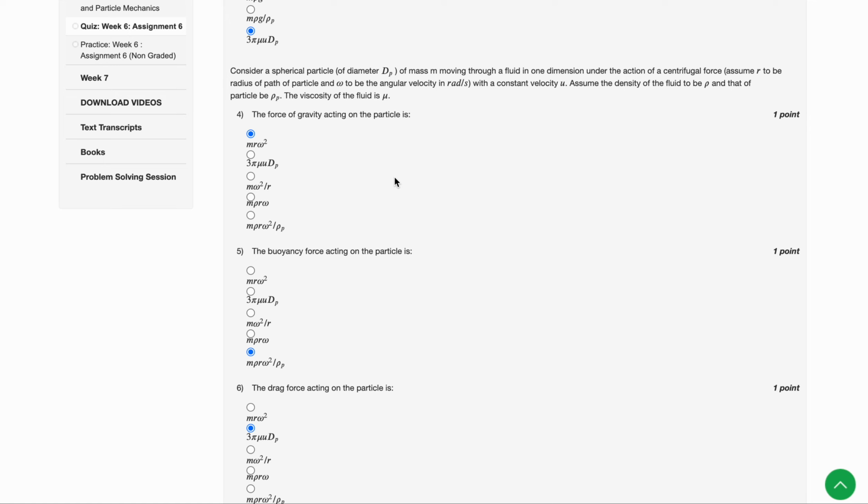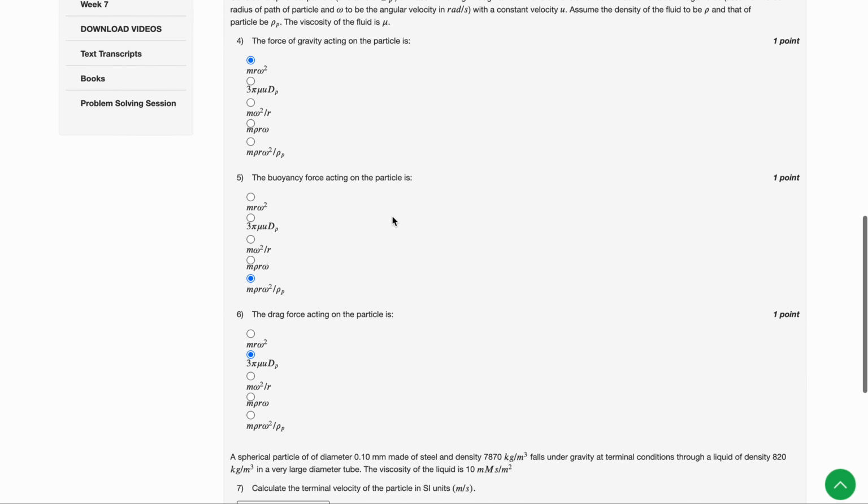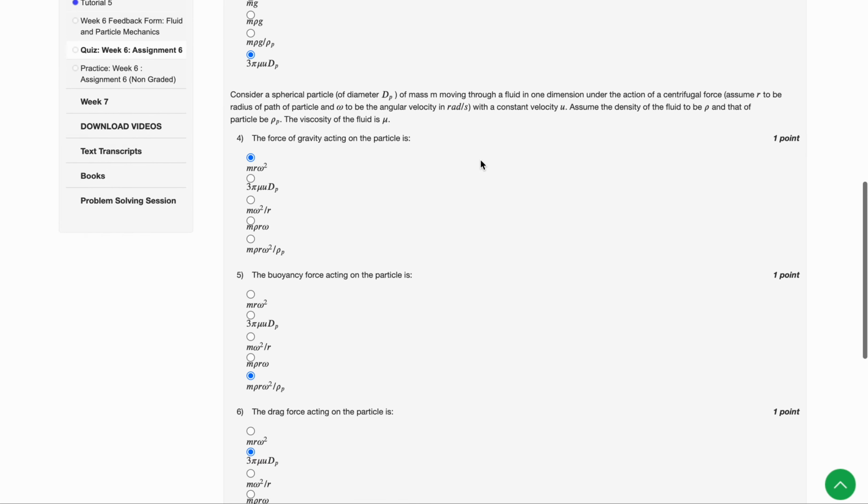Question number 5 is m rho r omega square divided by rho p, and question number 6 is 3 pi mu u dp. Okay, so I have solved all these questions.